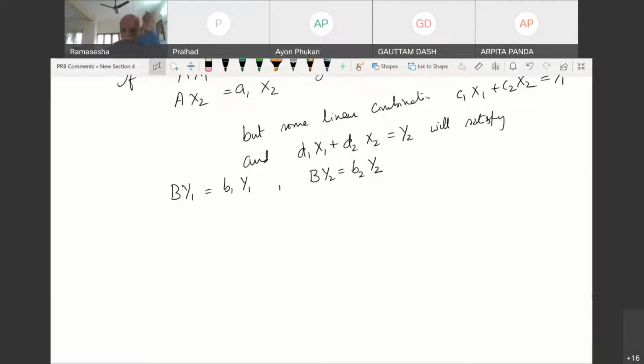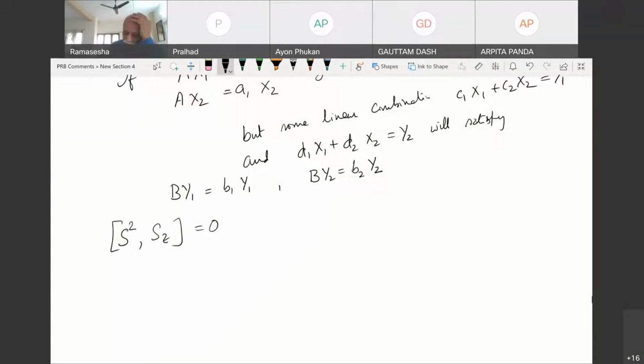Have you known that S squared and Sz commute? Have you done angular momentum anywhere? Yes, sir, this we have done. Or L squared and Lz commute? You have done, right? Yes.